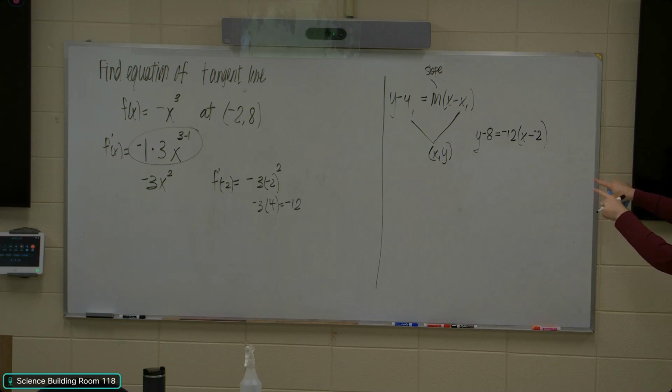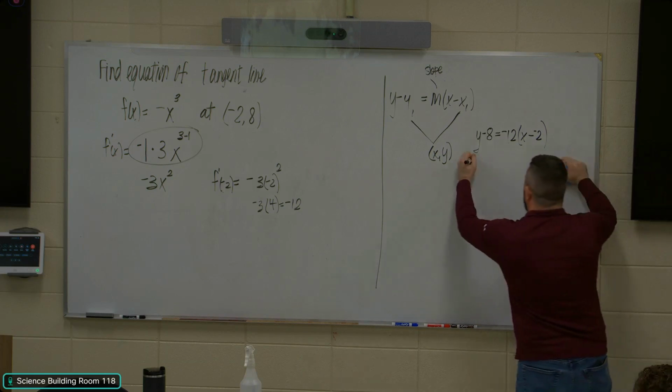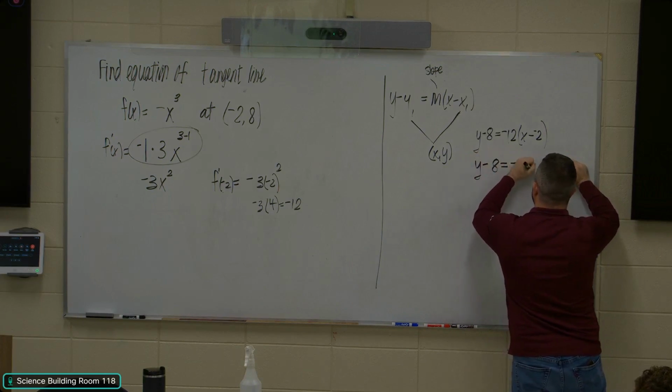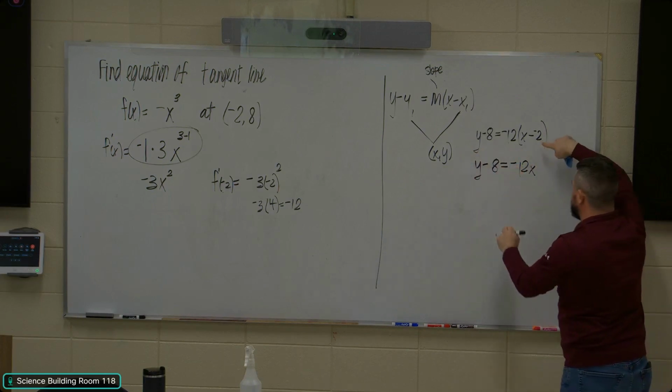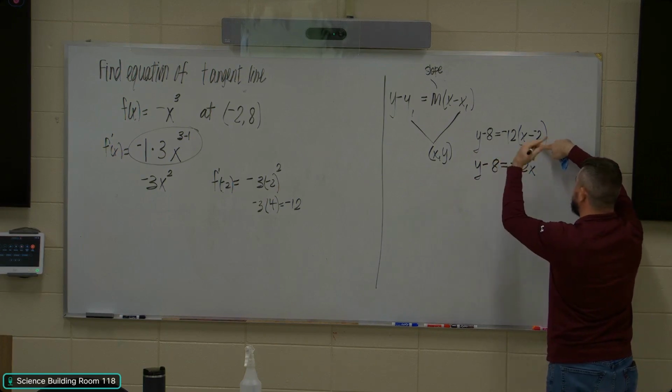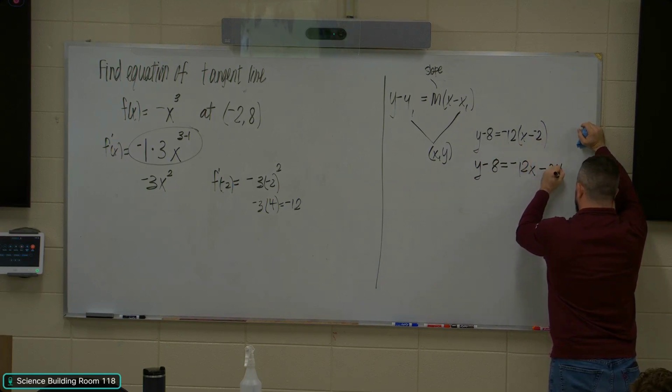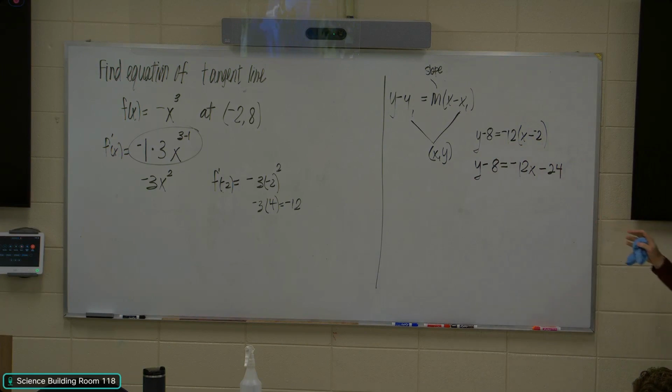The y is, yeah, that's right. y minus 8 equals -12x. Now, this is going to be +2. +2 times -12 is -24. Do we agree? Do y'all see anything? Looks good. Okay.